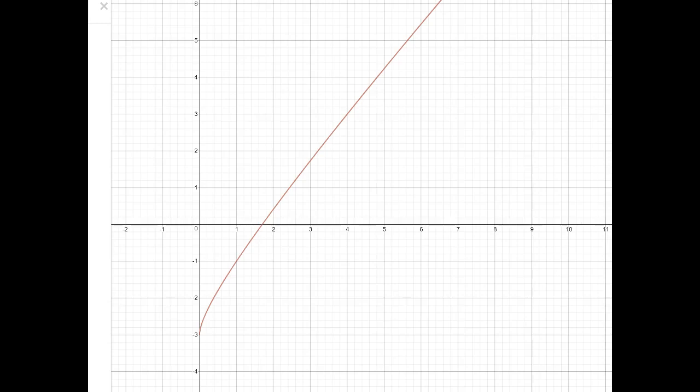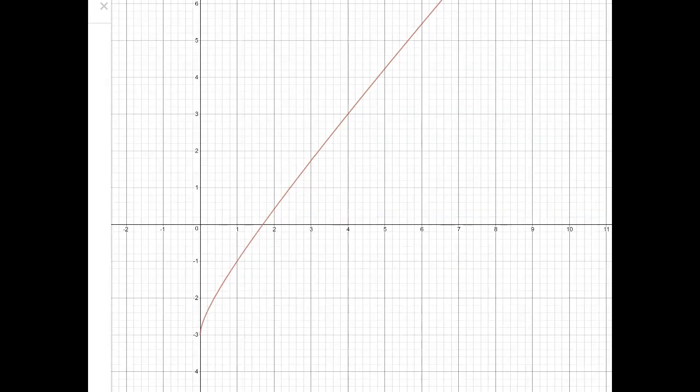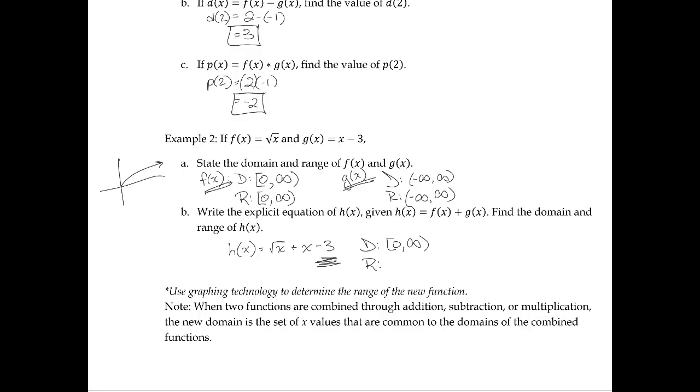So whereas my range in my original square root function is starting at 0 and increasing upward that way, here we're going to see that this ends up becoming more linear. It increases much faster than a regular square root graph, but we still start at -3, like the transformation would imply. So my range here would be from -3 to positive infinity.